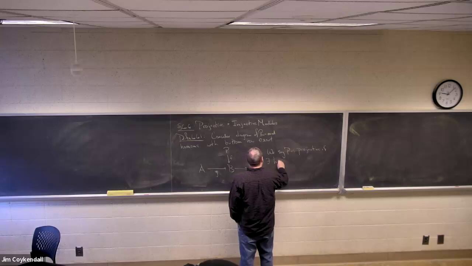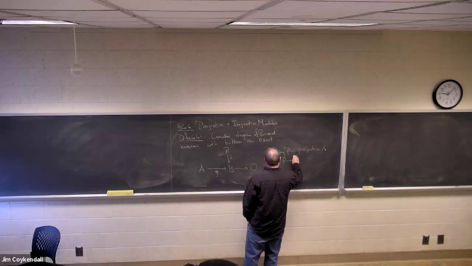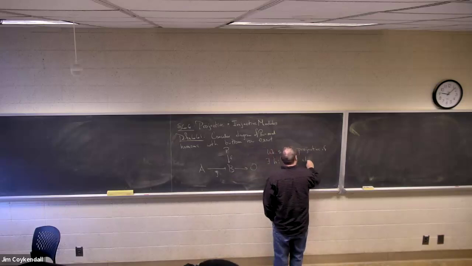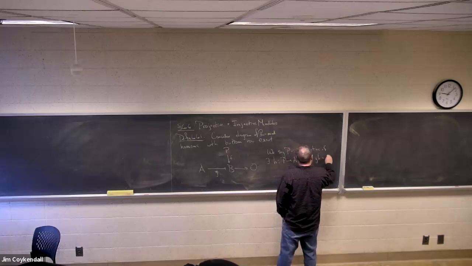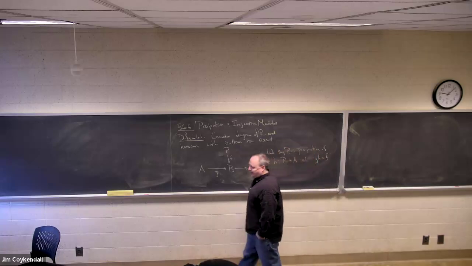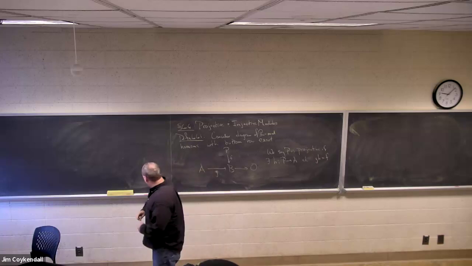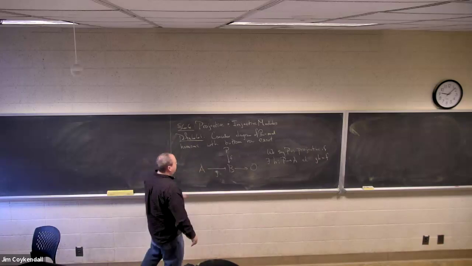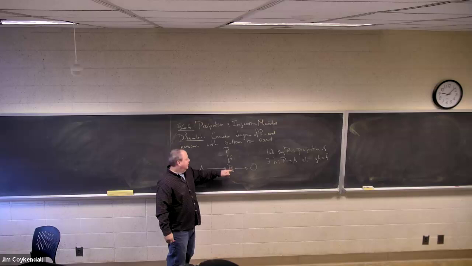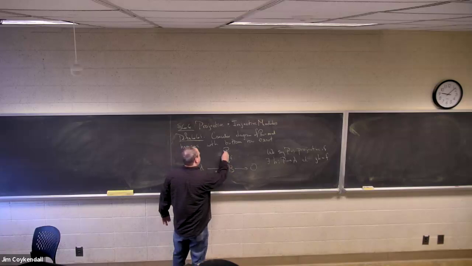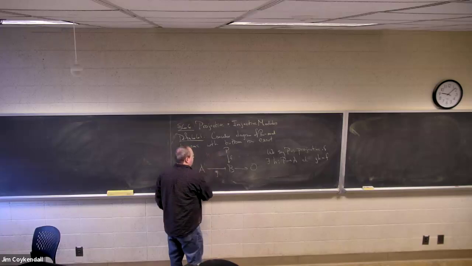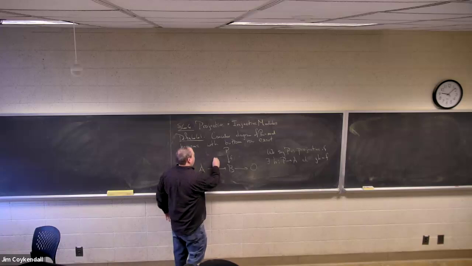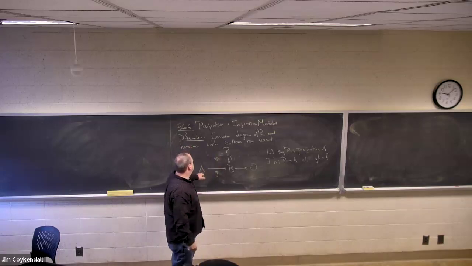if there exists H from P to A, such that when you do H, G, you get F. So given any diagram here, any F, any G, as long as G is onto, we say P is projective if you can find an H from P to A that makes the diagram commute.